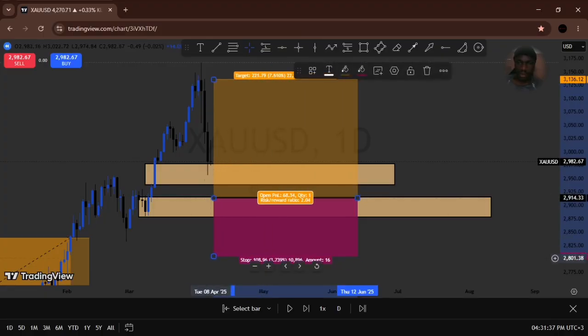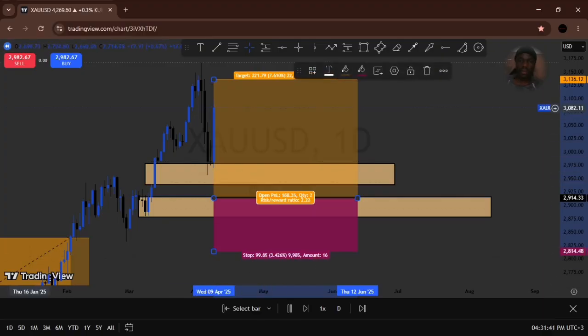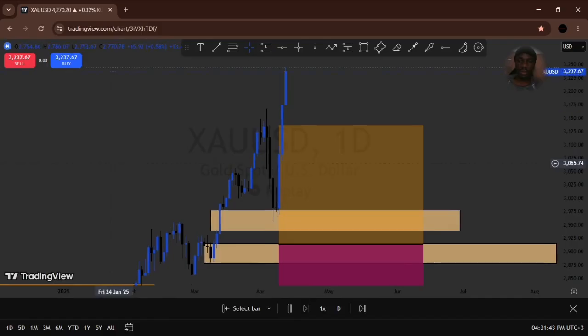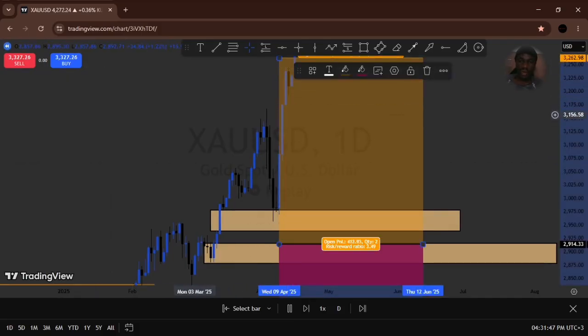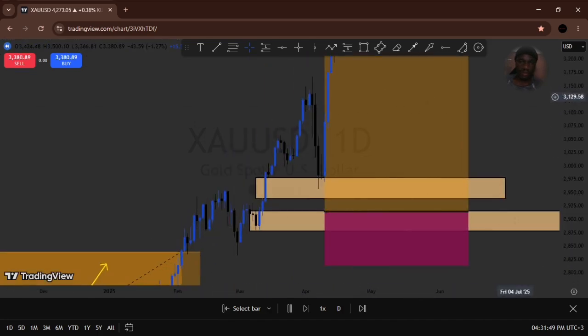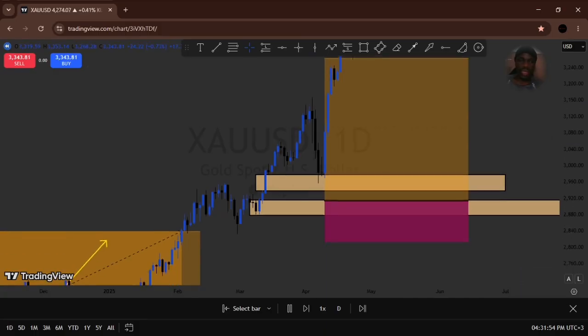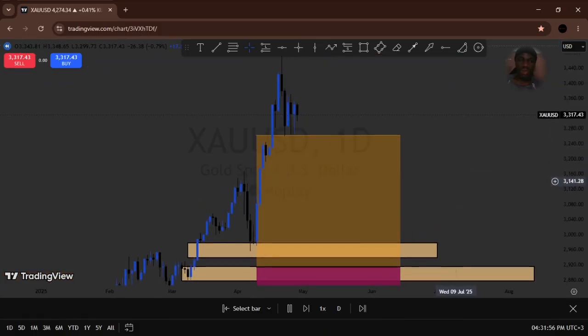Take the setup within the zone. Take profit hit very fast, straight TP hit. So you could see it, guys. This is how the institutional traders trade.